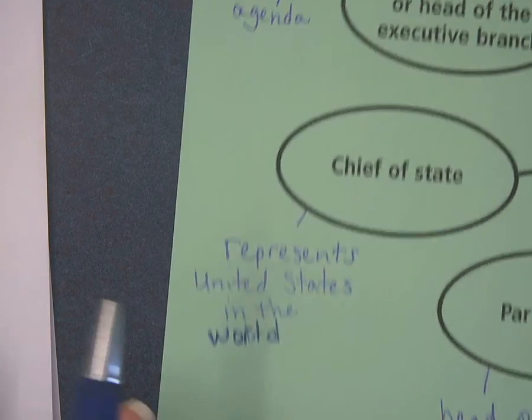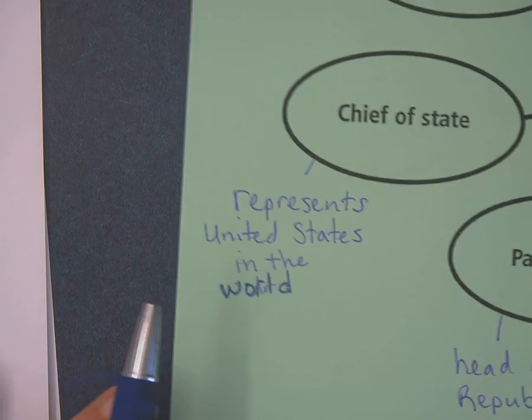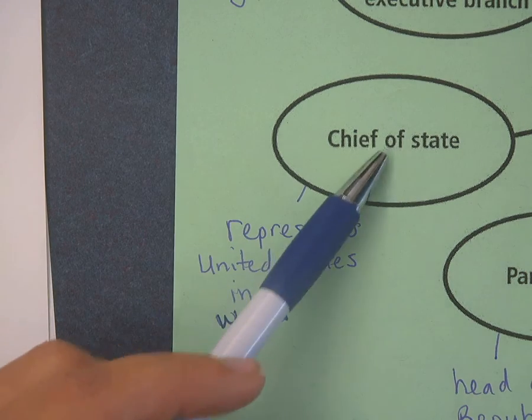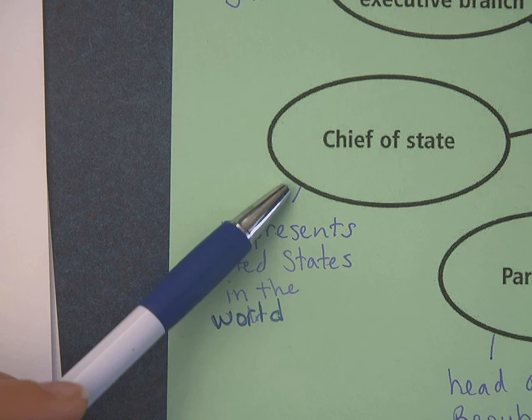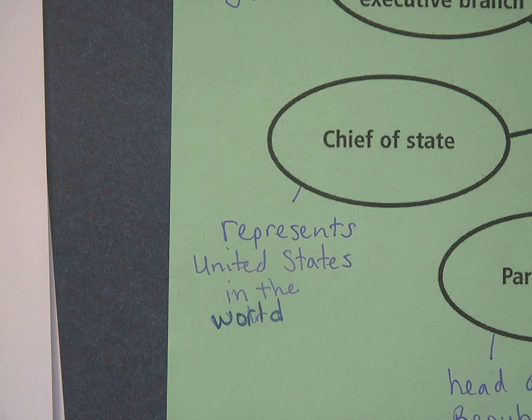So 2 ideas, starting with chief of state or head of state. In England, the head of state or the chief of state is the queen. When you want a formal meeting with the person who heads the state, meaning heads the country, you'd have a meeting with or dinner with the queen.